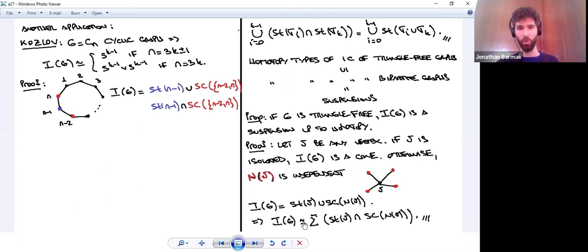Okay, so what is the intersection of the star and the star cluster of these two vertices? Well, if a simplex is in the star of the blue vertex, it means that when we add the vertex v, we still have an independent set. So that simplex cannot contain any of these red vertices.